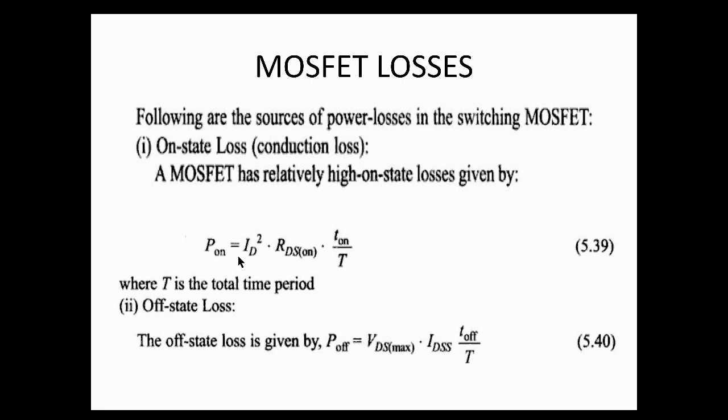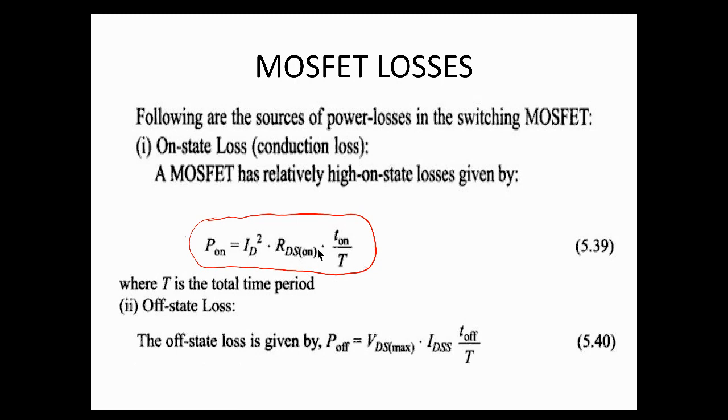That is given by this expression: the square of the drain current multiplied by the drain source resistance, and of course multiplied by the duty cycle, the ratio of your on time to the period.